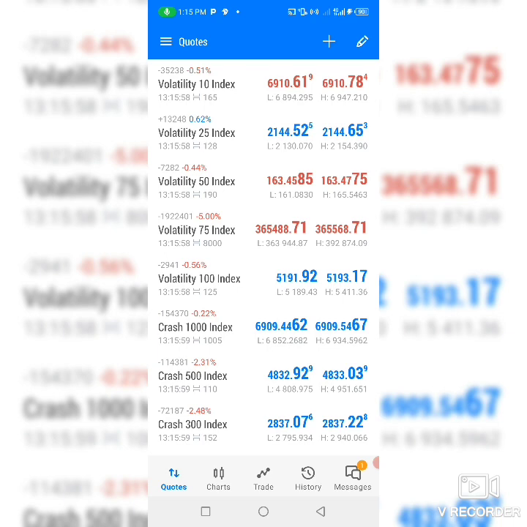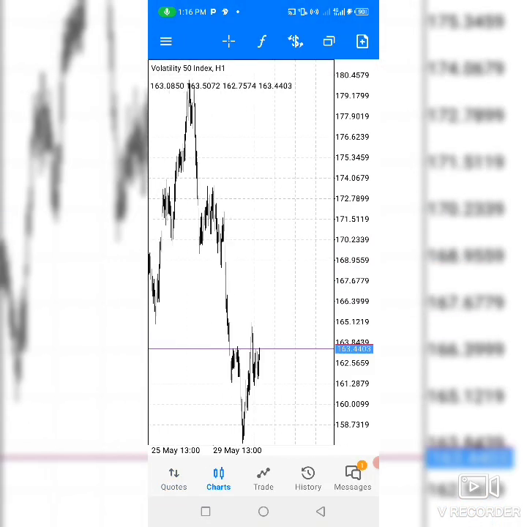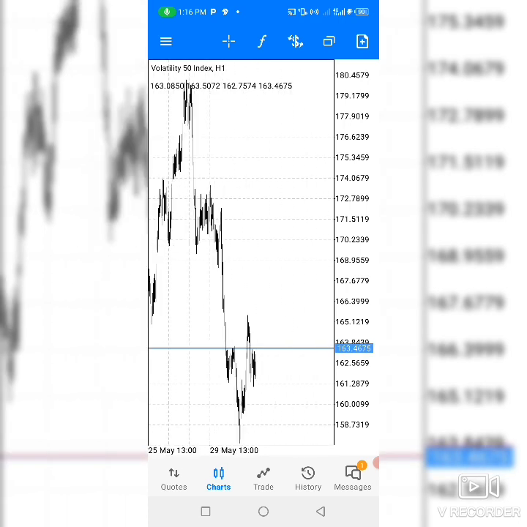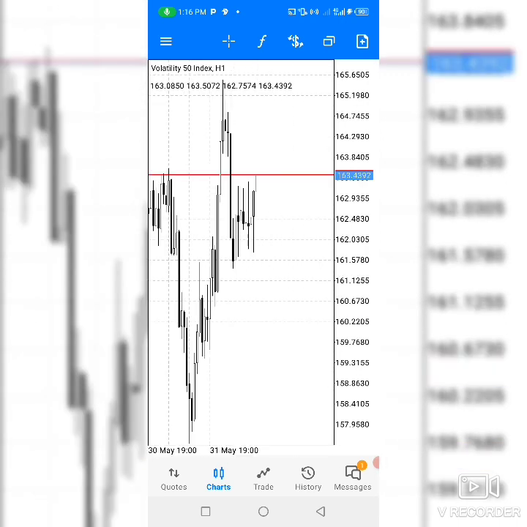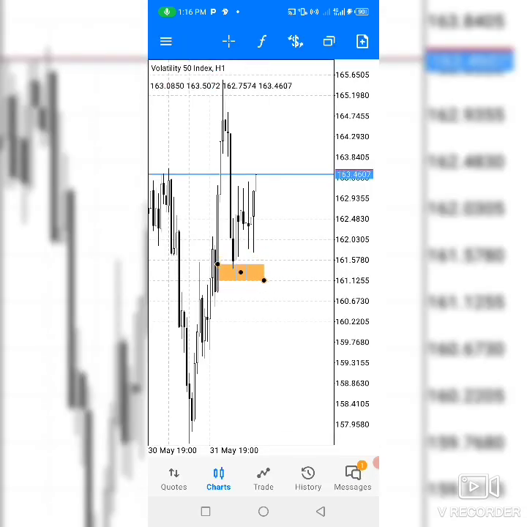I cannot be wasting time on assets that are going to give losses or that are not sure, when there are many assets that can do the same. Volatility 50 index is selling, but we can't sell at this price. I don't want to explain, but I know why.